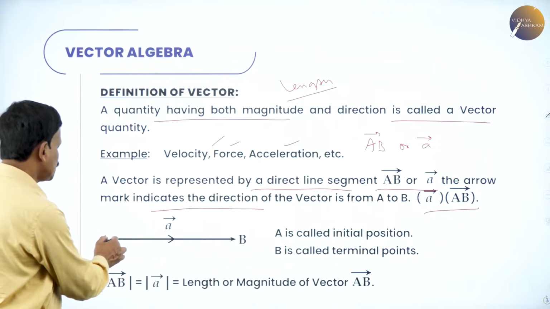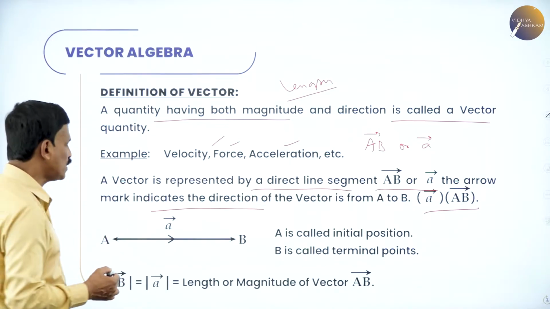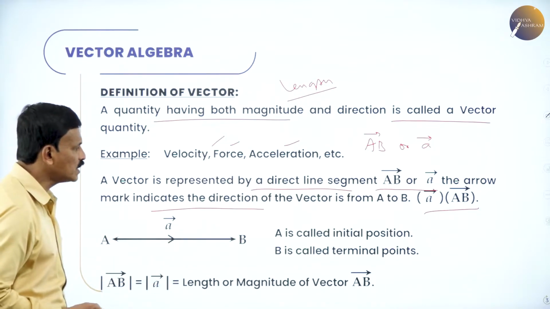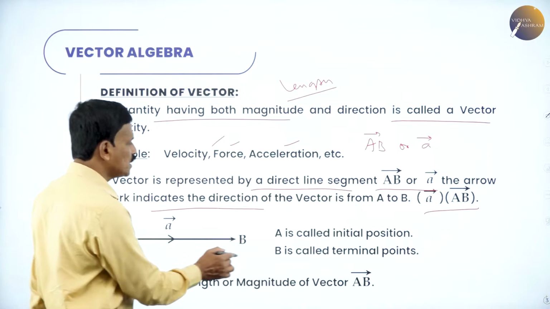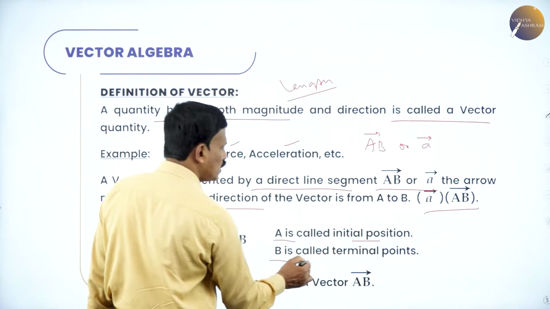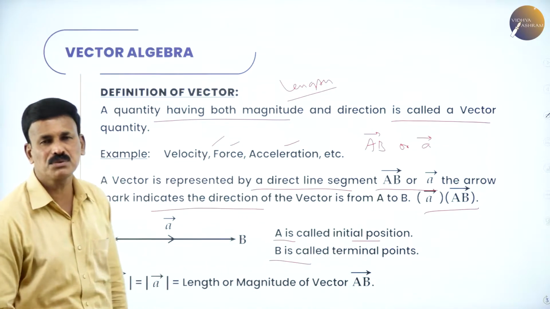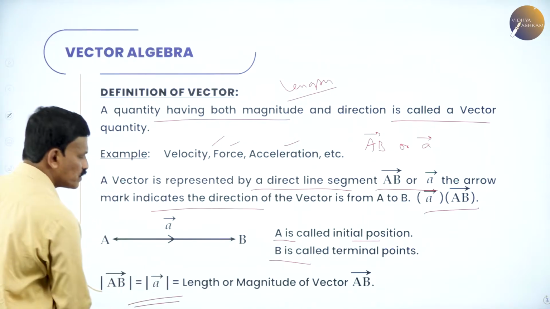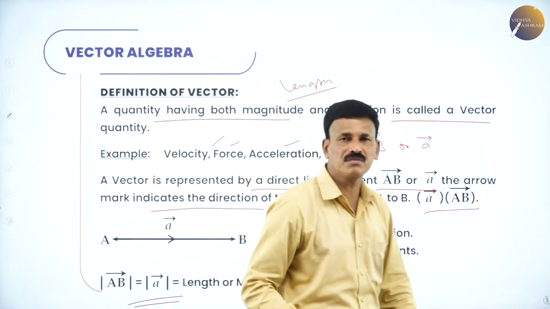A is called the initial point and B is called the terminal point, the initial position and the terminal position of the vector. And mod of AB is nothing but the length of vector AB.